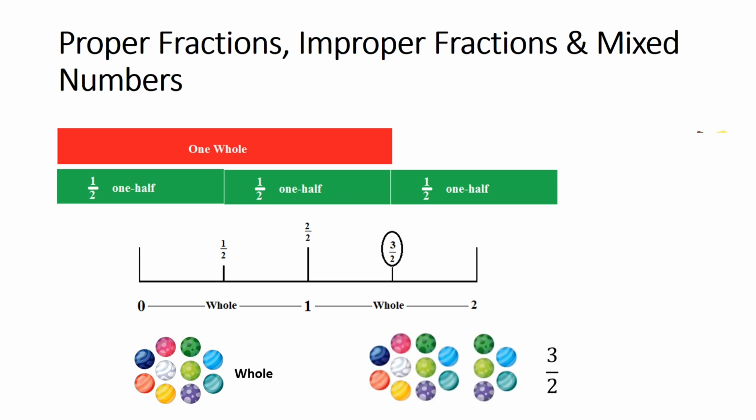That is 3 halves. Having done this, we can recall that these would represent all 3 models: the first being the area model, the second being the linear model, and the third being the set model.